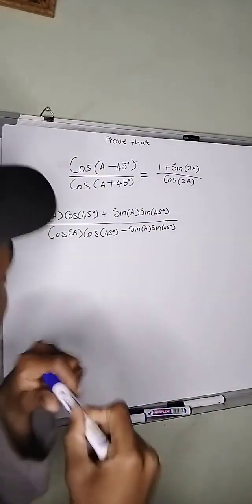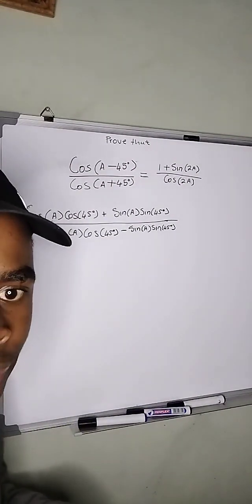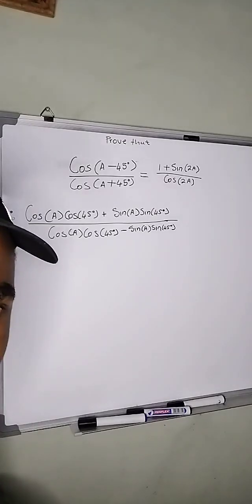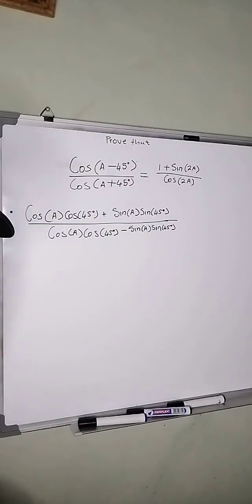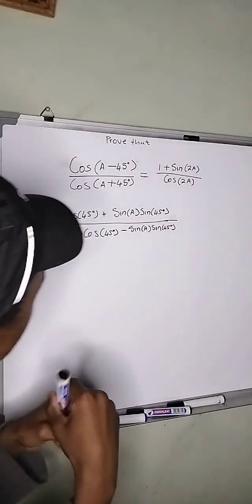And now, what is going to be cos 45? According to the special angles, what's going to be the cos 45? Yes, thank you very much. This is going to be 1 over root 2, right?